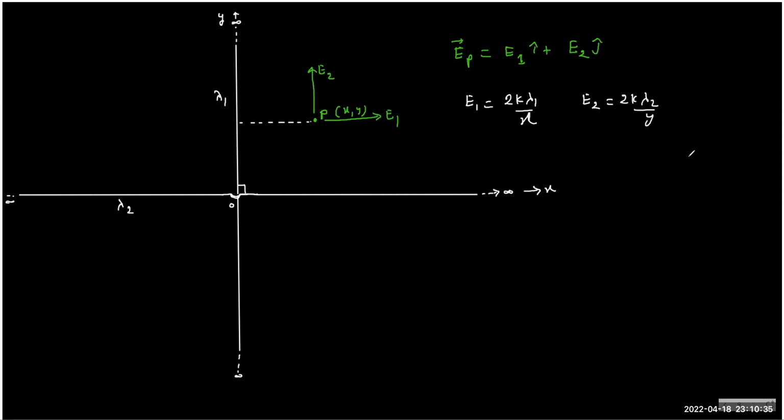That's it. So the net field at a point P we have is 2k (lambda 1 by x i cap plus lambda 2 by y j cap).